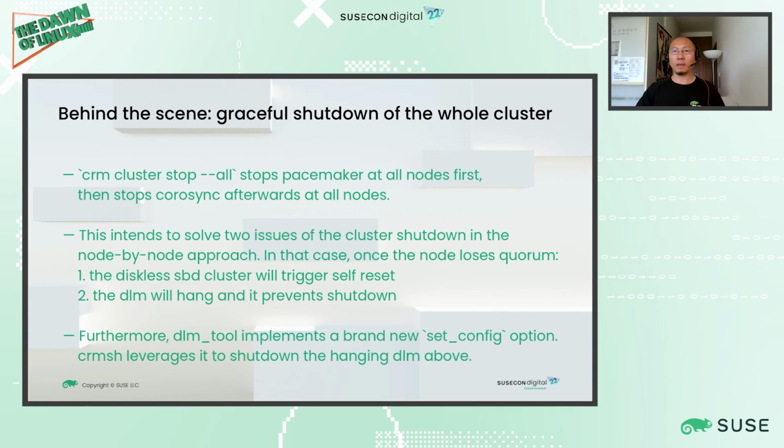In that case, once a node loses quorum, in the first situation of a diskless SBD cluster, the SBD will trigger self-fence by design. If it is a DRBD cluster, DRBD will hang, and basically it prevents shutdown.